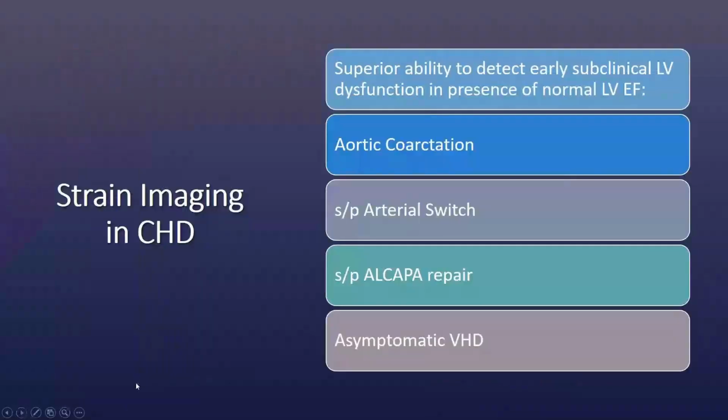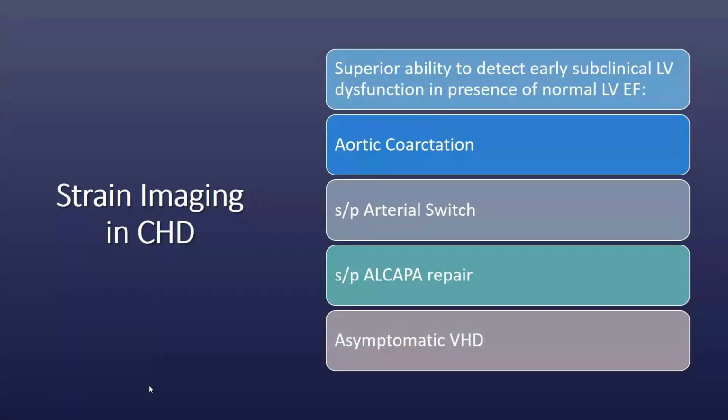Strain imaging has been used in several clinical scenarios for congenital heart disease, and the main ability is to detect early subclinical left ventricular dysfunction in the presence of normal ejection fraction.